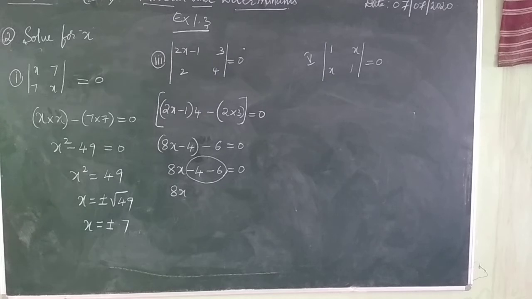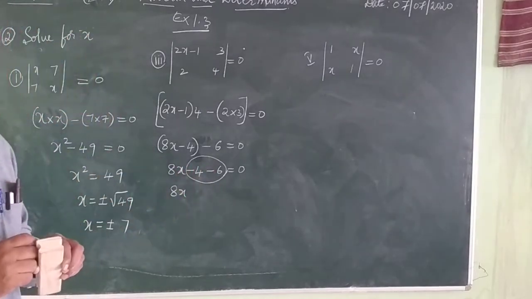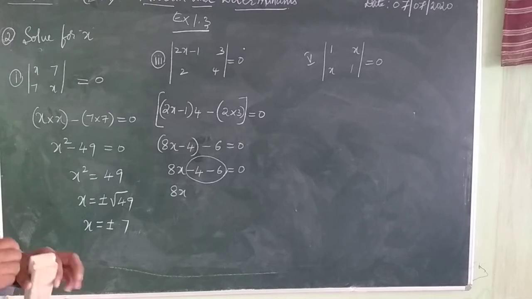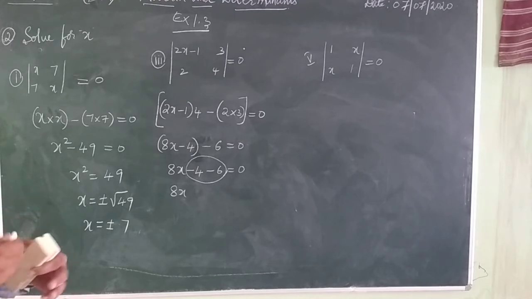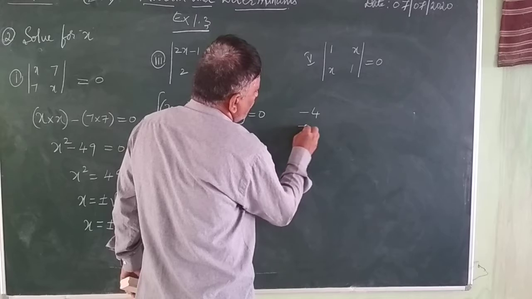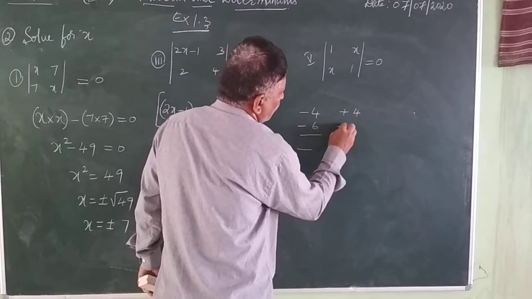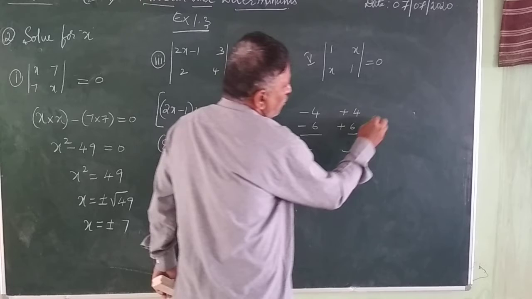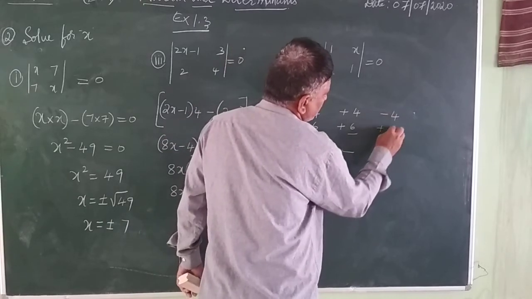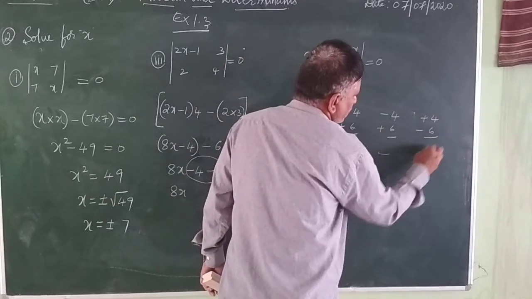These two are constant values and both are of the same sign. When both are of the same sign, you need to add them. Suppose we have minus 4 minus 6. We have plus 4 plus 6. We have minus 4 plus 6. Suppose we have plus 4 minus 6.